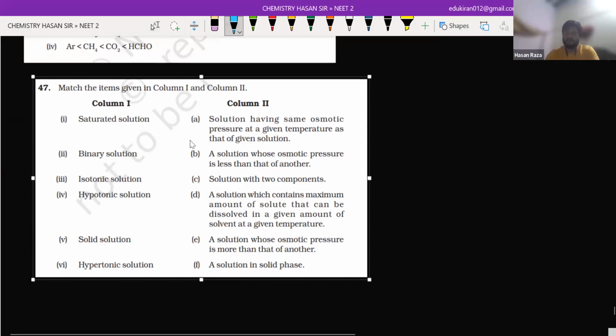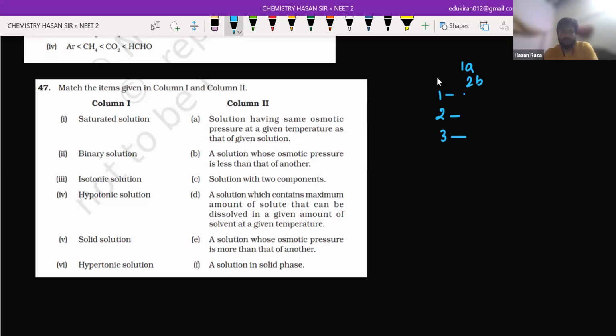This match the column almost revises all the concepts of solutions, the types of solution. You can write the options like 1 and whichever is the right option among A, B, C, D. Or you can directly write 1A, 2B like this.